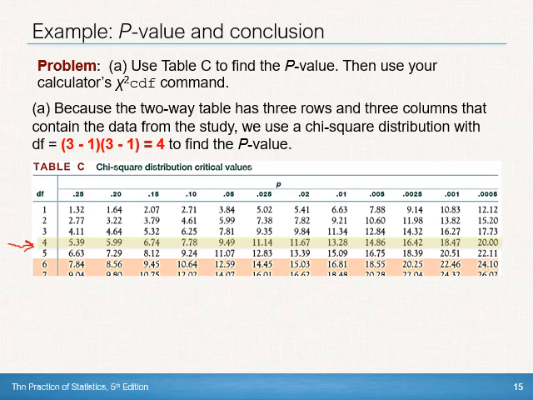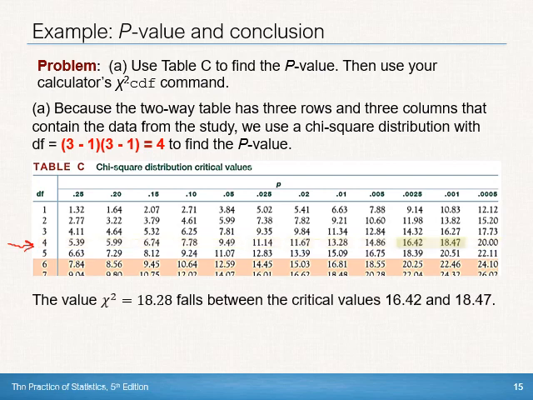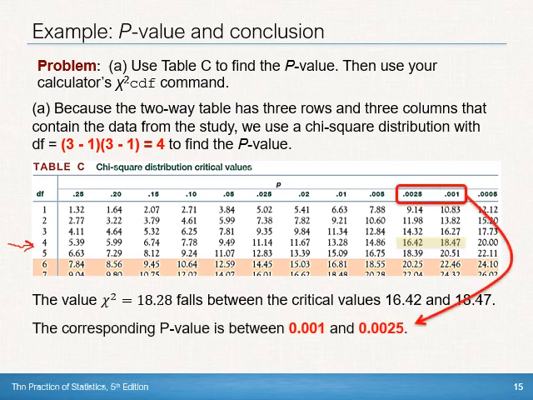And now we look in row number 4 for our value of 18.28, and we see that it's between 16.42 and 18.47. Clearly, it's going to be much closer to the 18.47. But for now, we can say that our p-value is between 0.001 and 0.0025, of course, knowing that it's going to be much closer to the 0.001 because 18.28 was much closer to the 18.47 in our interval there.